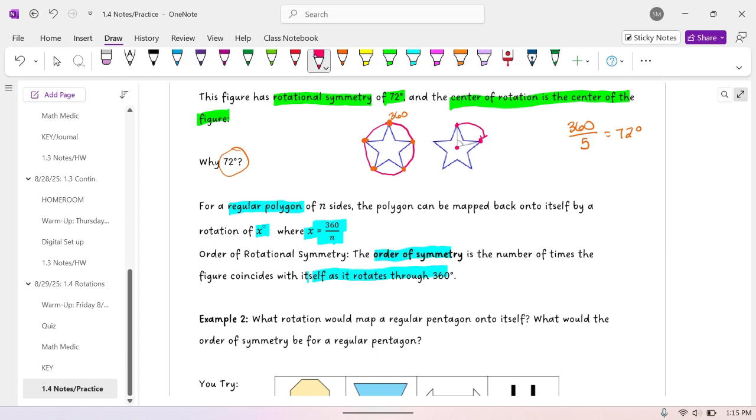For example, the order of symmetry for the star is 5, because if we rotated it either direction, all the way around, there are 5 points that it has to hit in order for it to be the same picture and mapped onto itself.